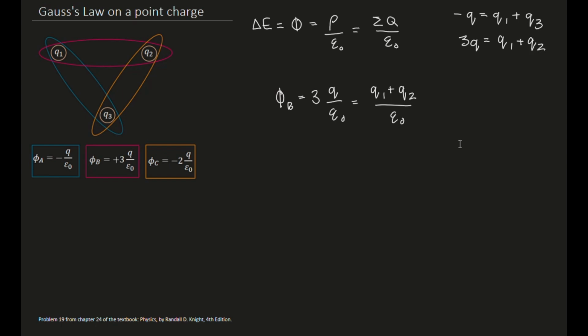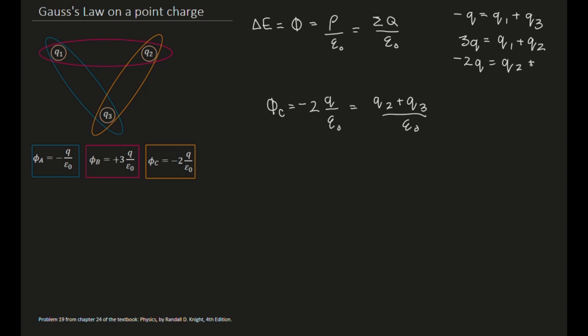Let's get my third equation. The flux of C is negative 2Q over epsilon naught, equal to Q2 plus Q3 over epsilon naught. Now I have my third equation in my system of equations.